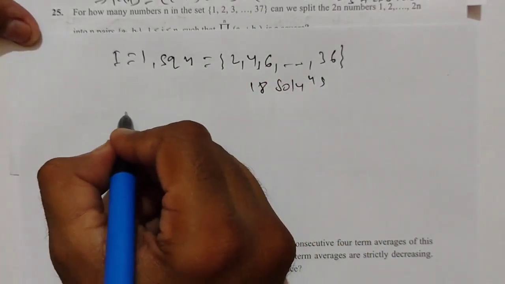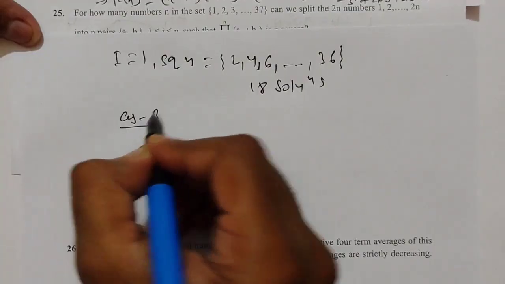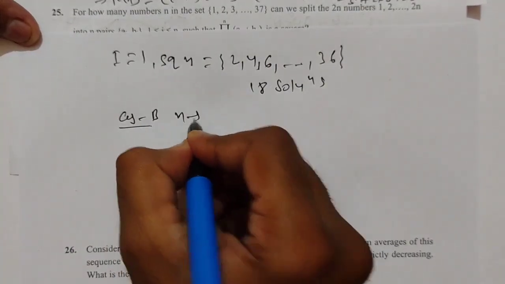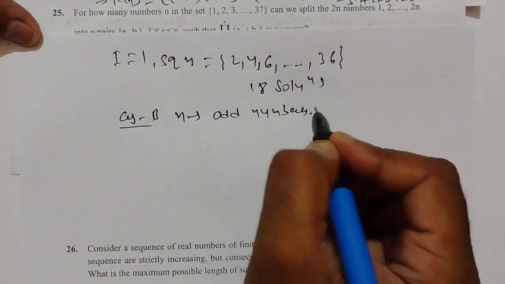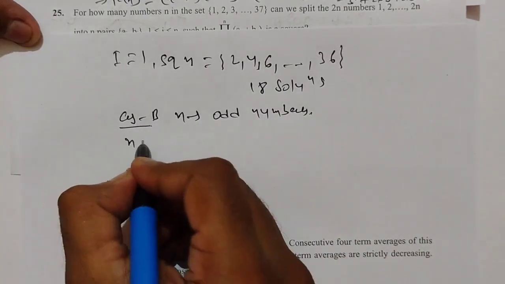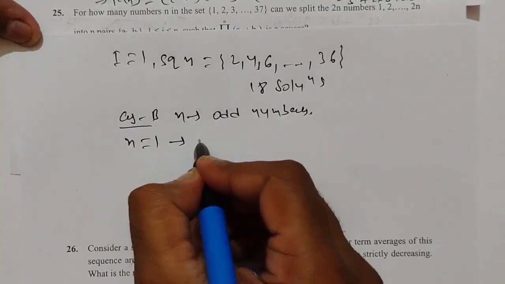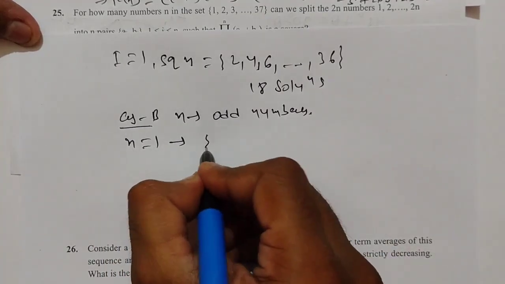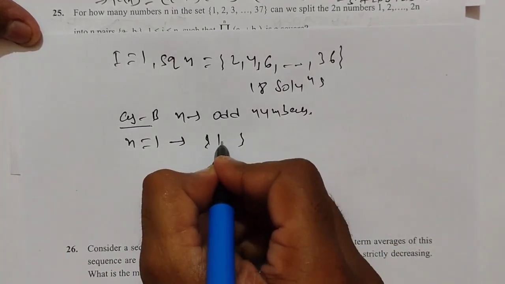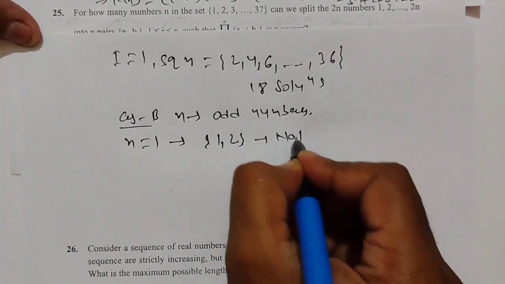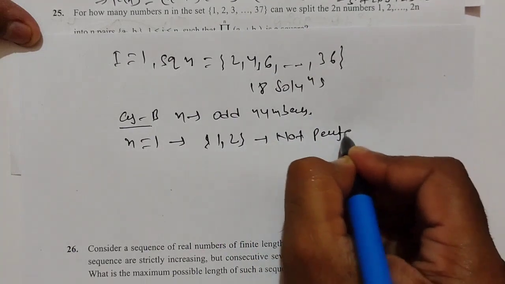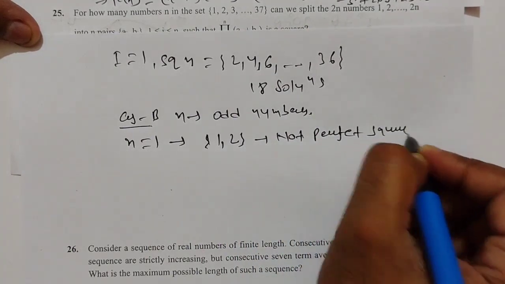And now for the second case, when we use n odd numbers, then in this case n is equal to 1. This is the pair 1 and 2, and this is not a perfect square.